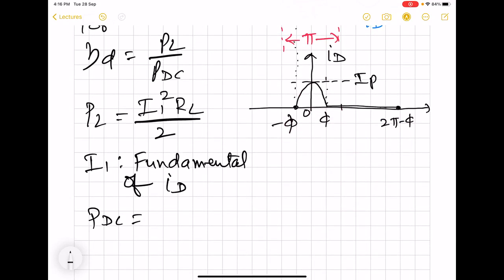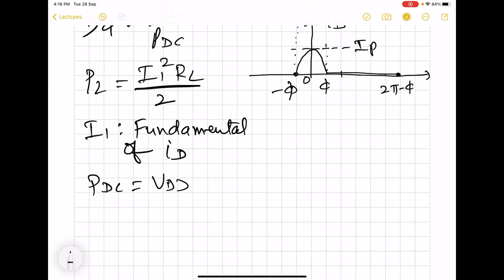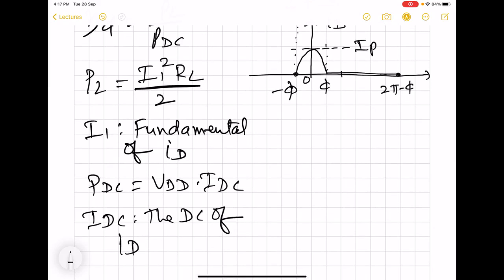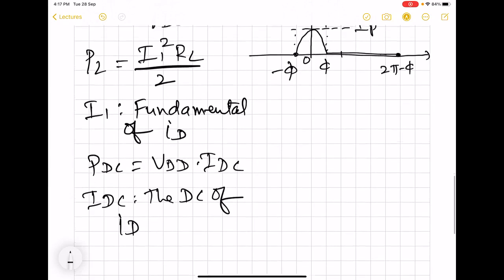So PDC is VDD into IDC, and IDC is the DC of the drain current. So we have to carry out the Fourier analysis to find out these two components.